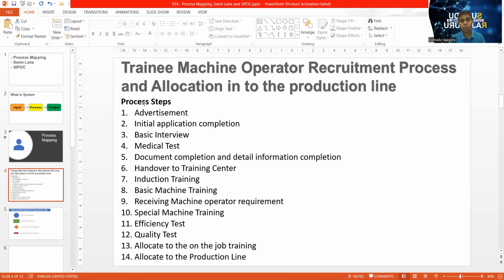These are the process steps of the trainee machine operator recruitment process and allocation into the production line.